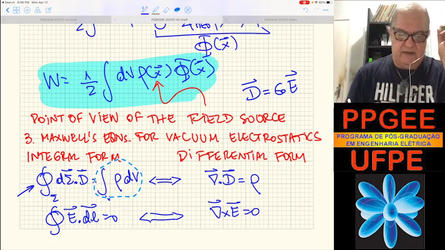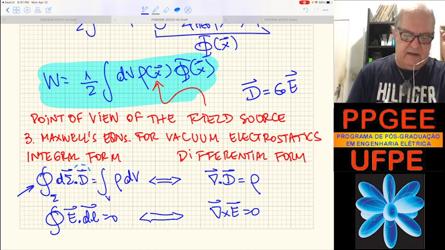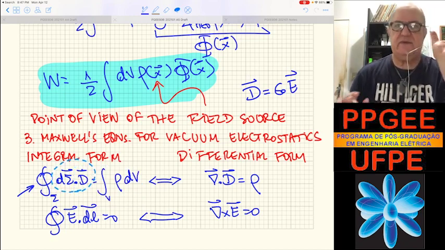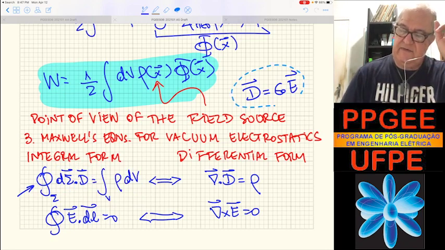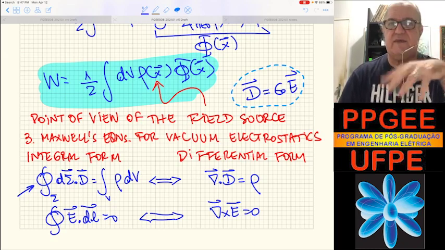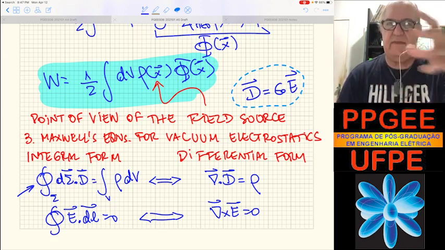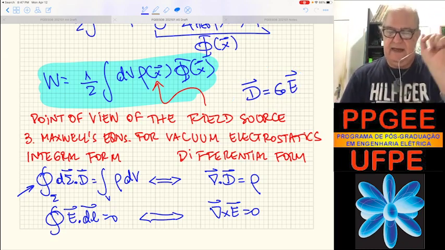Otherwise, if we use the E field here, you'd have an epsilon 0 in this term here. So we avoid using epsilon 0 by defining a particular definition now. We're going to show that this equation is going to remain the same even in material media. But for now, let's accept that.